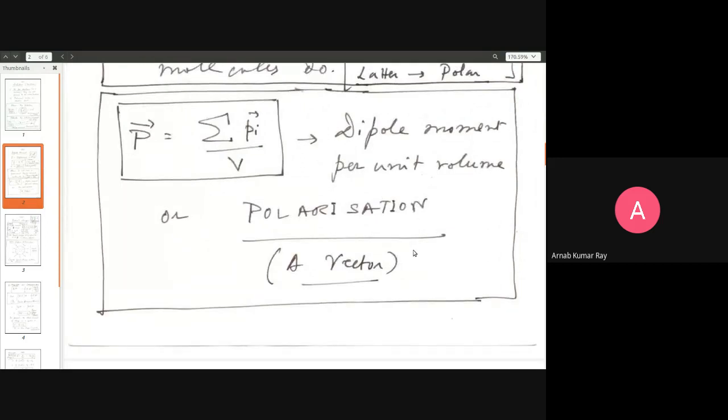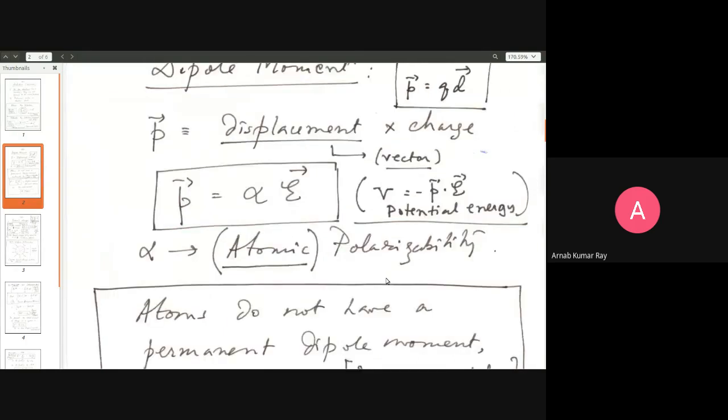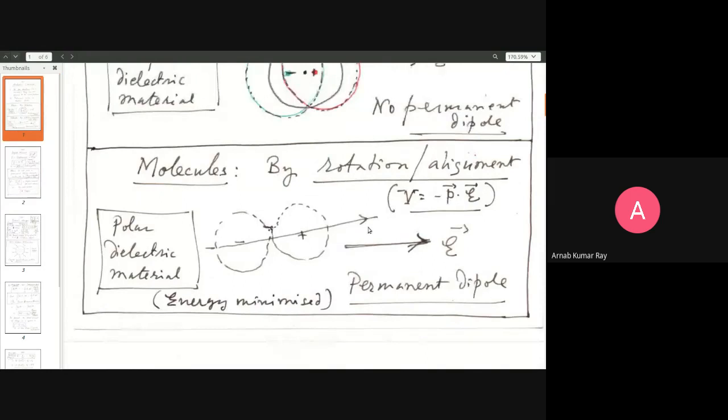Let us bring in the idea of polarization. What is polarization? I mean, polarization vector, that is. Suppose, let us just refer to polar molecules which already have a dipole structure. So initially, in the absence of an electric field, these polar molecules will all be randomly oriented, and all the dipole moments will also have random directions, and therefore the net sum of these little dipole vectors will be nearly zero.